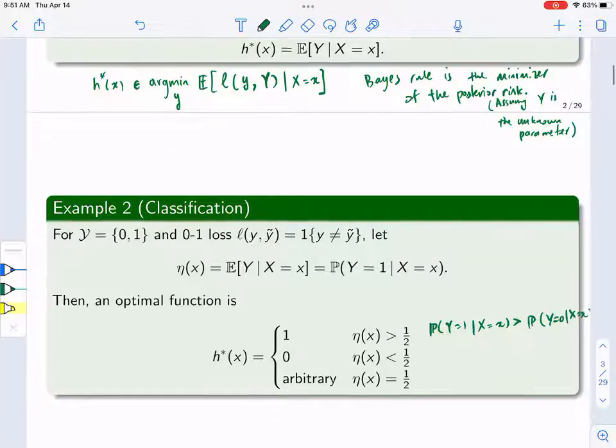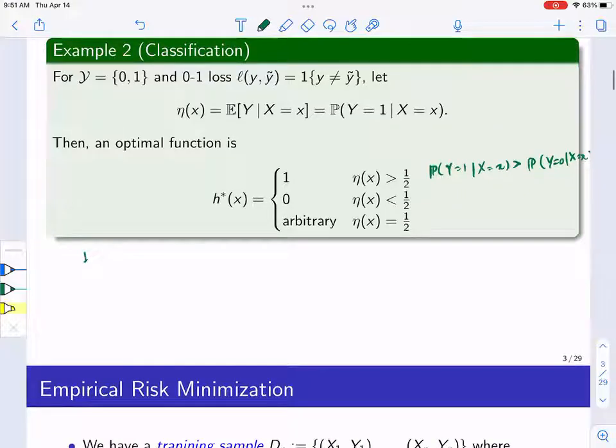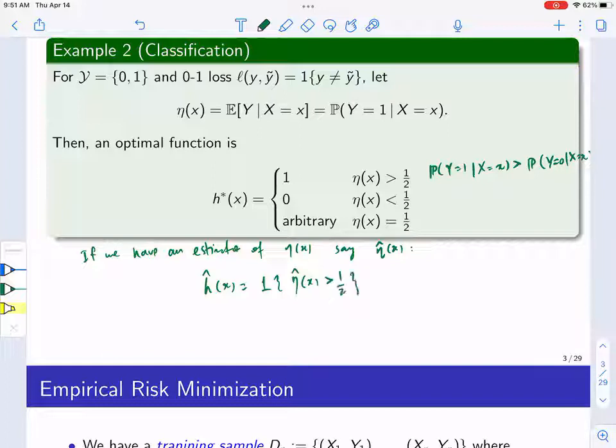And you can see, if you have an estimate of eta(x), say eta hat(x), I can define an estimator by just plugging in: 1 if eta hat(x) is bigger than 1/2, or bigger than or equal to 1/2, and 0 otherwise.